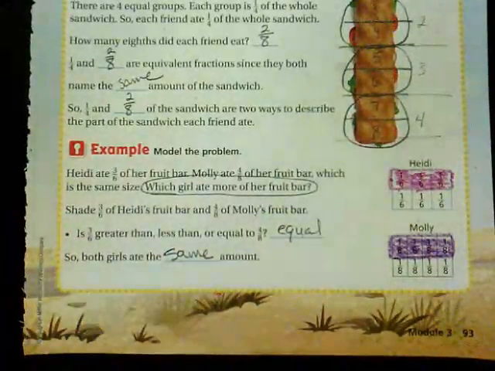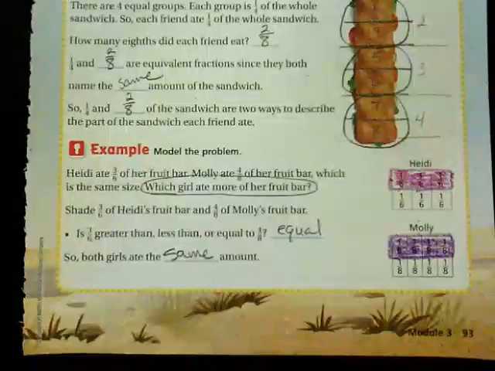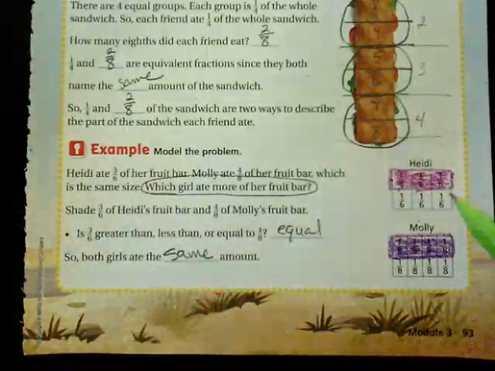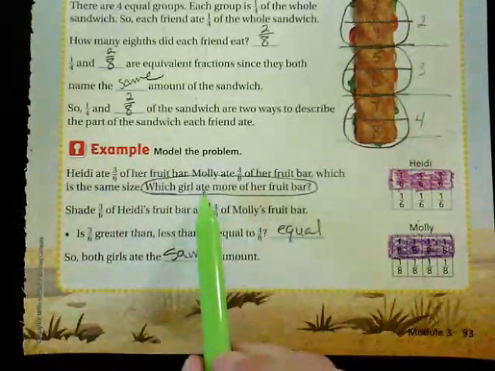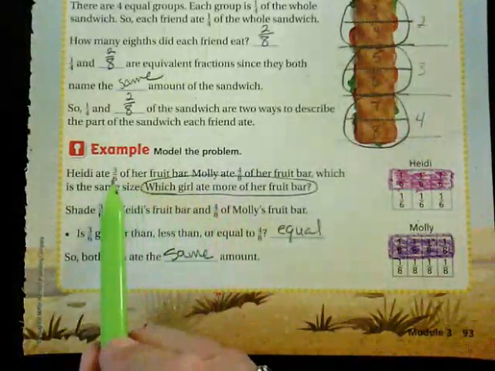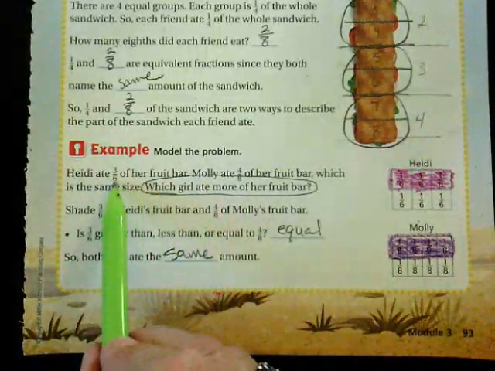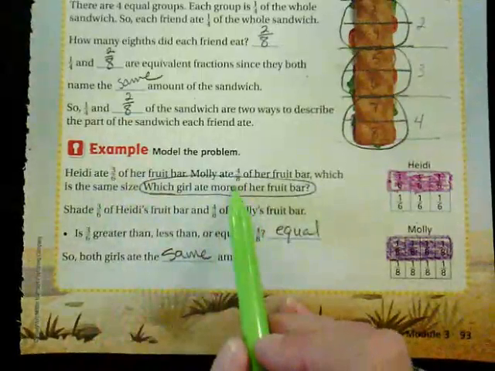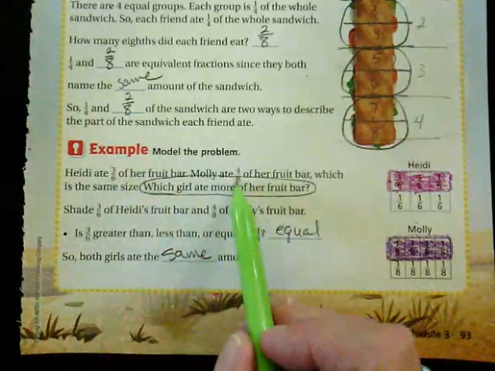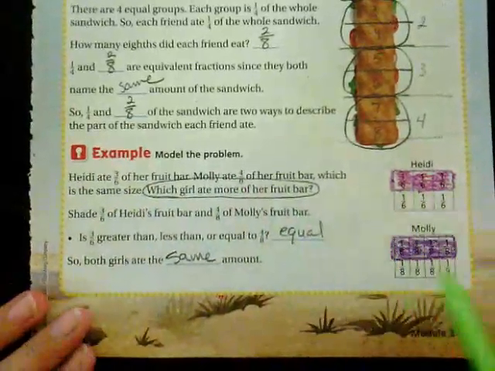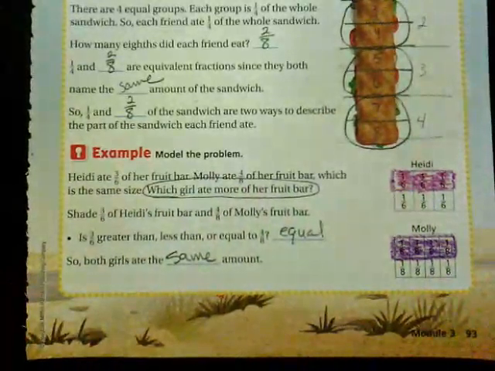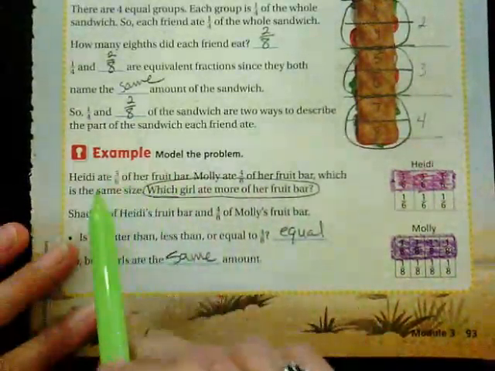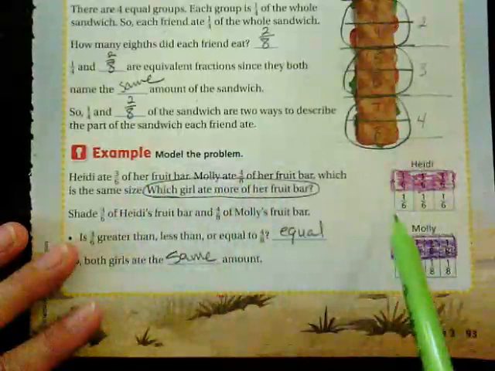Fractions, especially equivalent fractions, there's a whole lot of division going on here. If I look at this, 3/6, 3 is half of 6. If I look at 4/8, 4 is half of 8. When I look at my model, each of the girls ate half of their bar. So sometimes division is going to come into play.